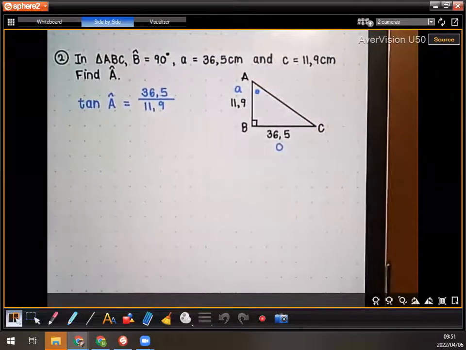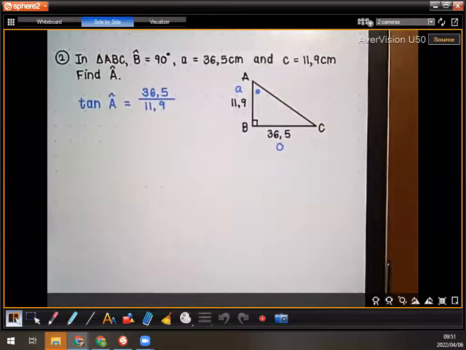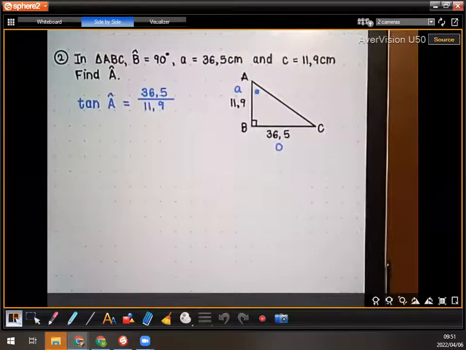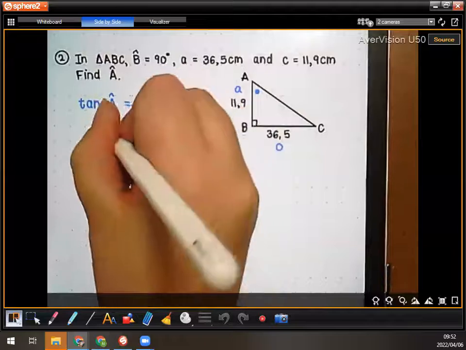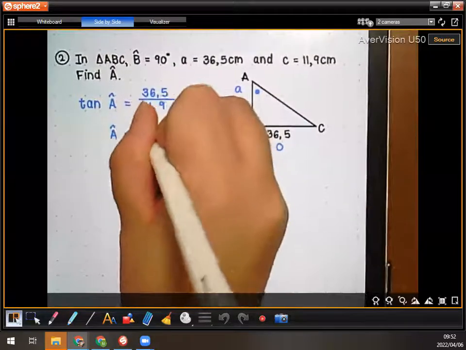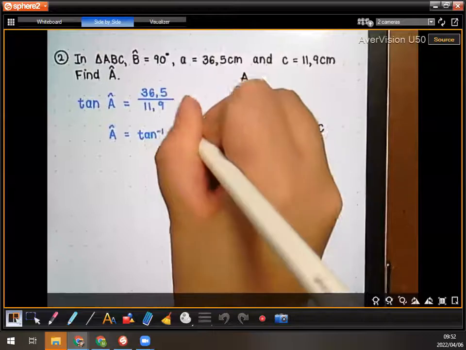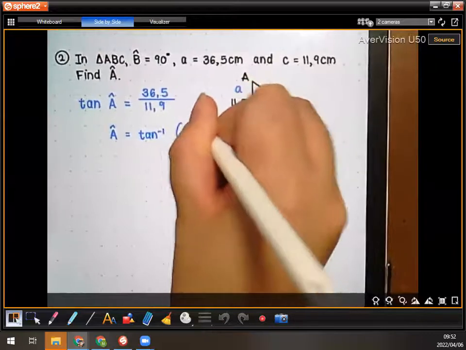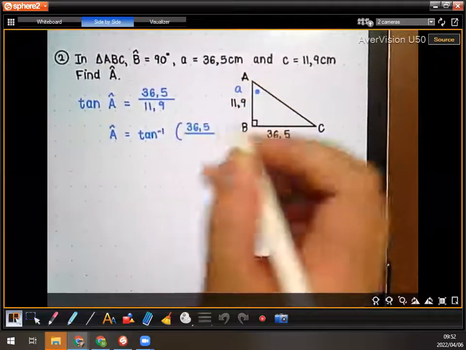And guys, what did we just practice? Yeah, how do we now get A on its own? If it's tan A, I need to do just tan inverse of that fraction. All right. So angle A, it's as simple as that, guys. Angle A is tan to the -1 of this whole fraction, which you can simplify if you want to, but you can also just type it in just like that.